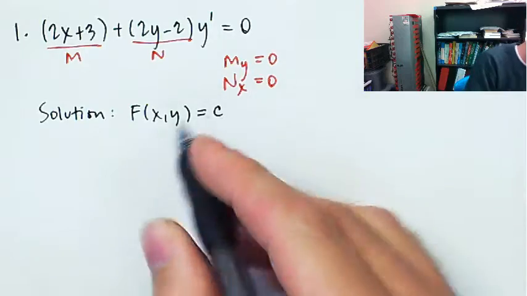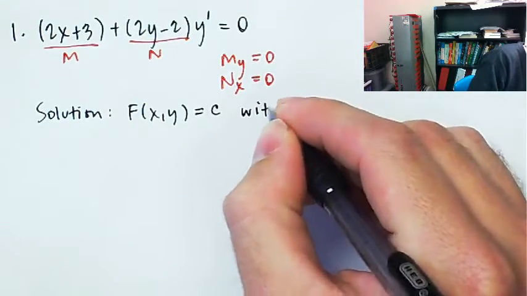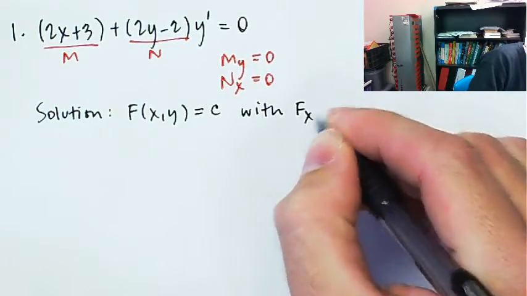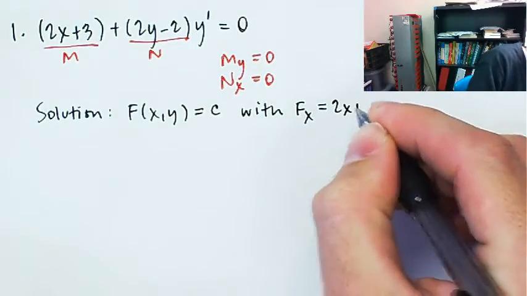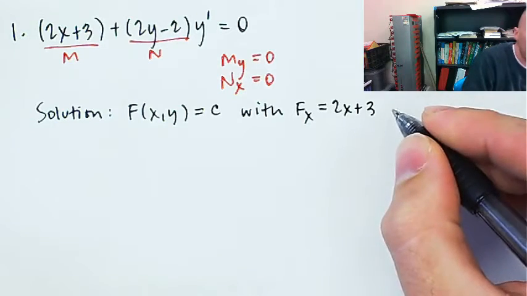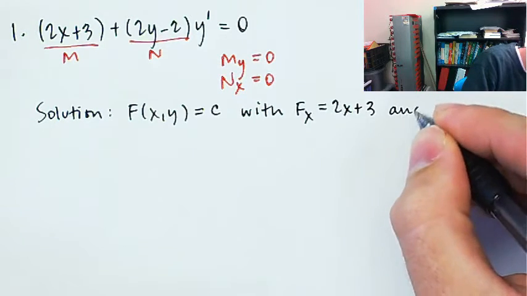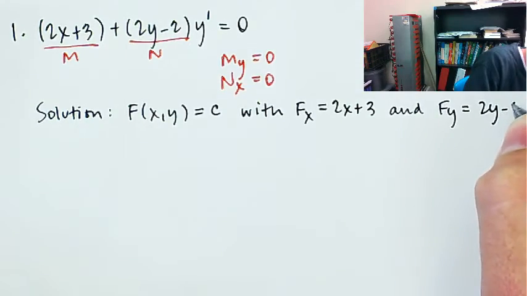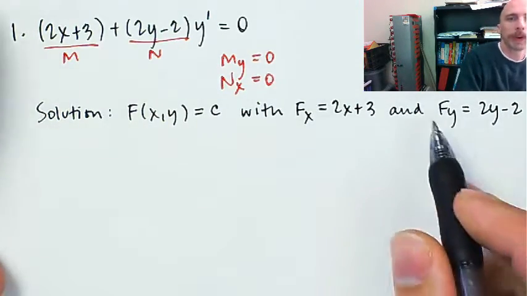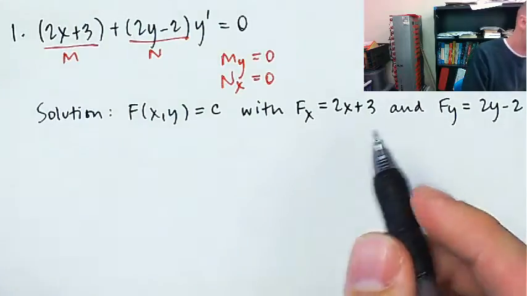Specifically, we'll know that f_x equals M, and f_y equals N. So I should be able to find f with some anti-differentiation.